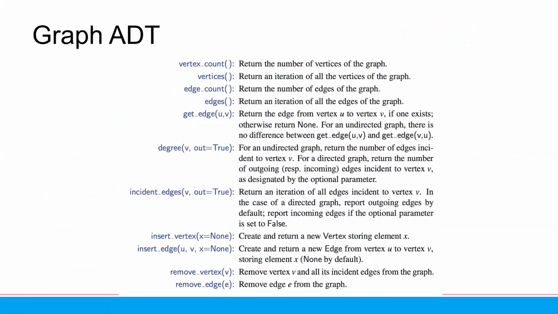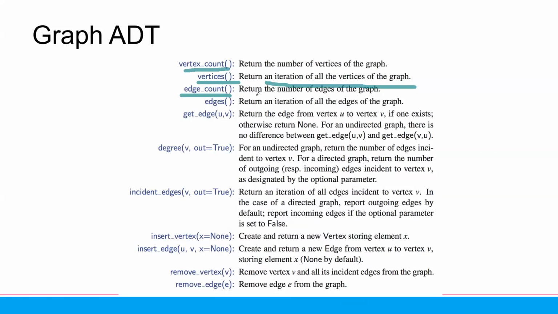We can use this ADT. You can develop your own graph actually, but this is the basic one. You can improve it more. For example, if I want to know how many vertices, we can get the vertex count. Vertices, we will iterate over every vertex in the graph.